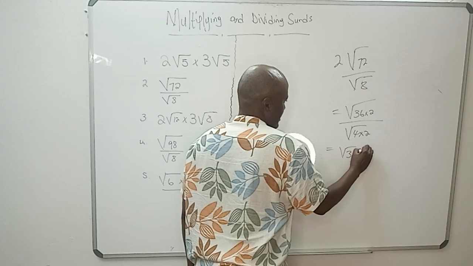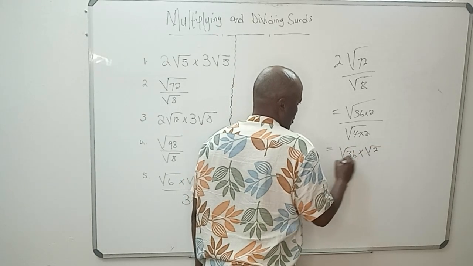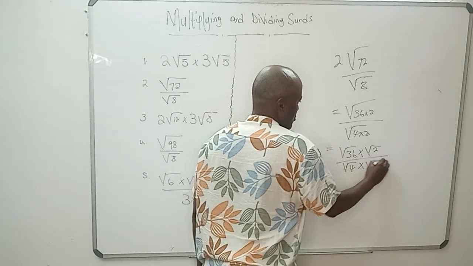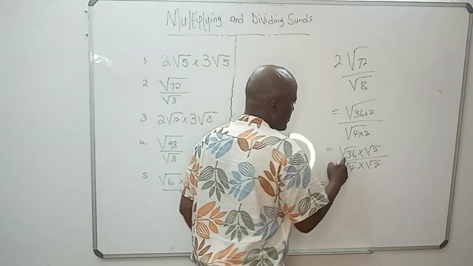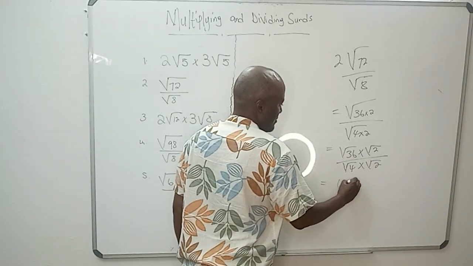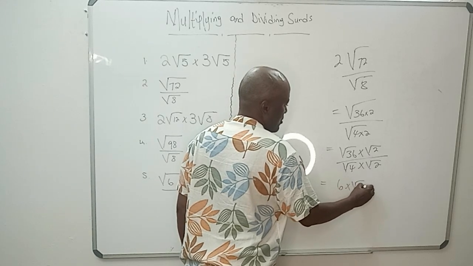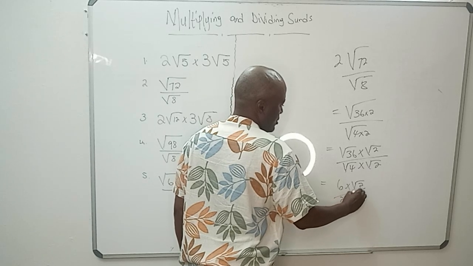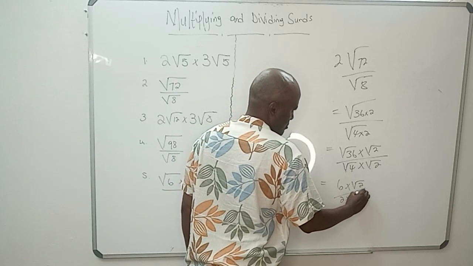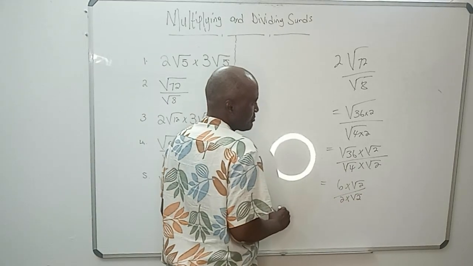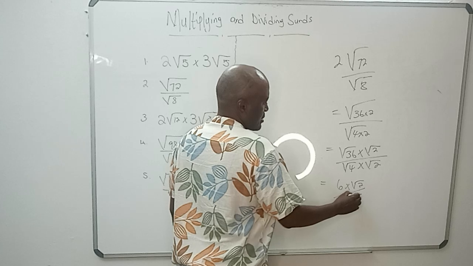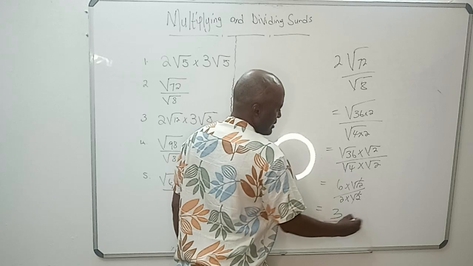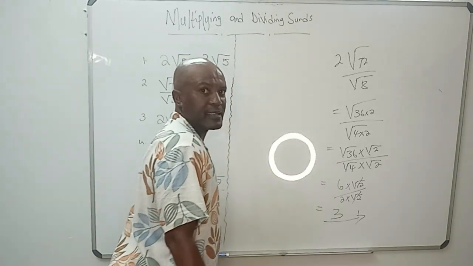There is square root of 36 multiplied by square root of 2 over square root of 4 multiplied by square root of 2. Then, what is the square root of 36? It is 6 multiplied by square root of 2 over, what is the square root of 4? It is 2 multiplied by square root of 2. Now, this will cancel, we will remain with 6 over 2 is 3. That is the answer. Okay?